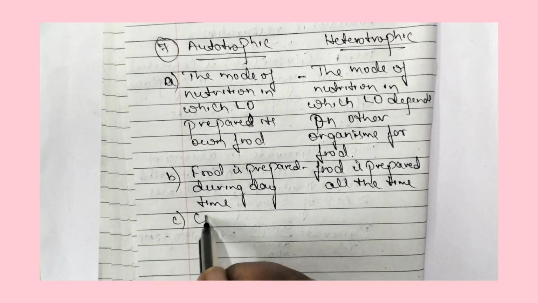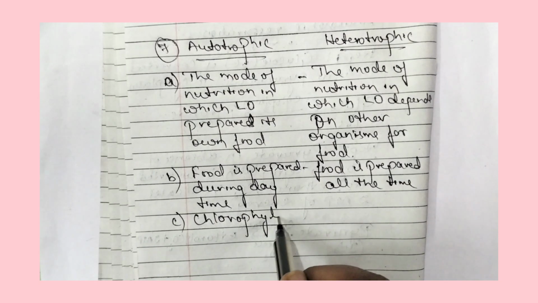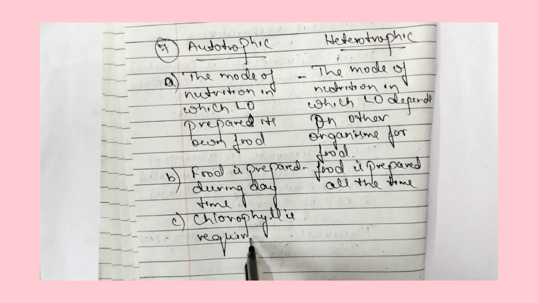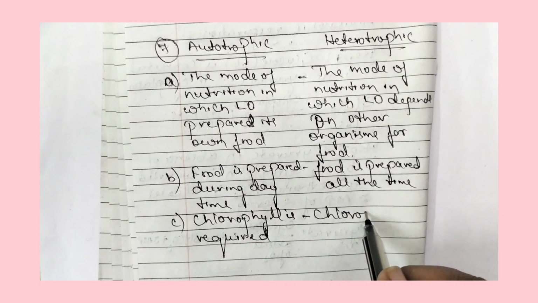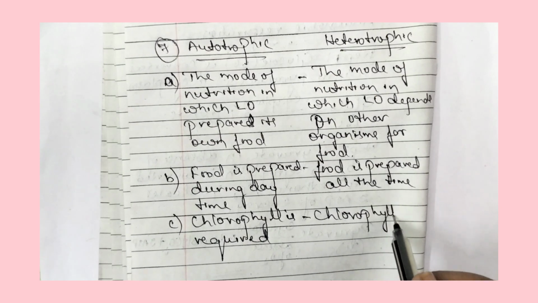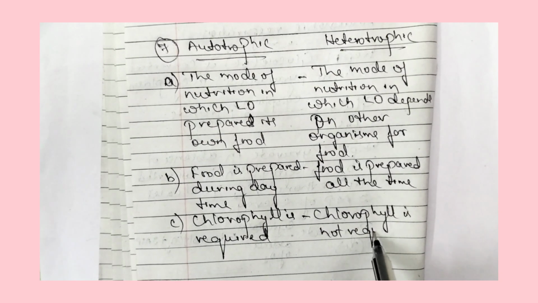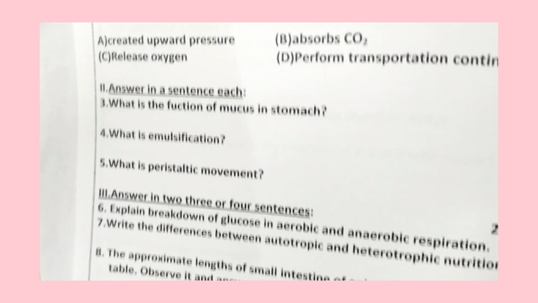Then chlorophyll is required for autotrophic nutrition. For heterotrophic nutrition, chlorophyll is not required. So these are the differences between autotrophic and heterotrophic nutrition.